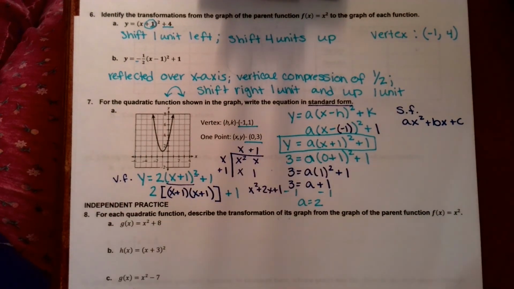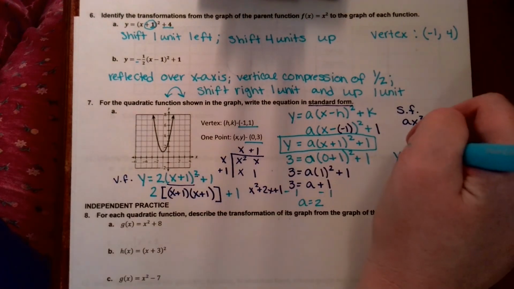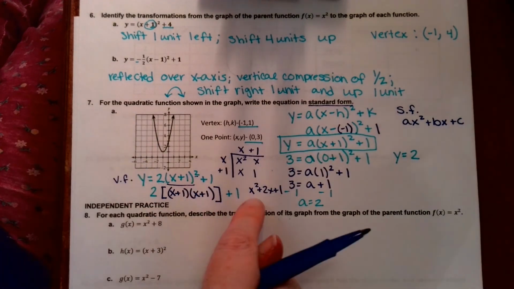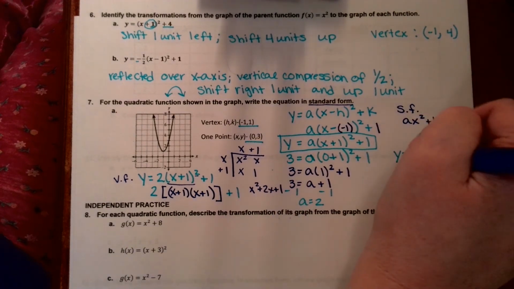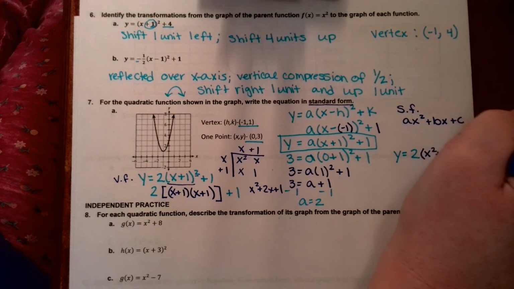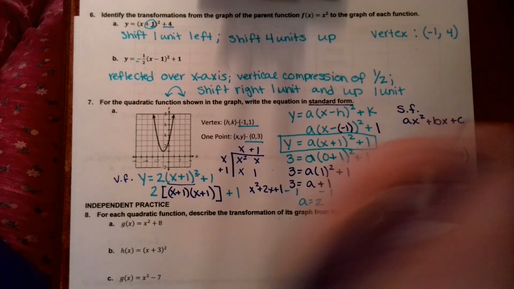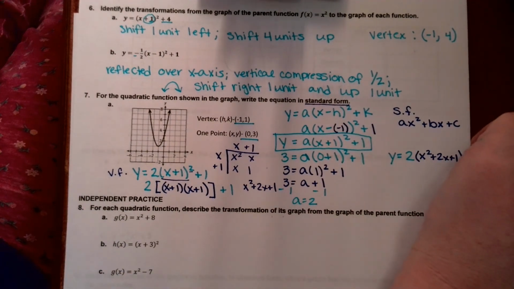So let's take this. We have y equals 2 times, let's replace this piece with what we just found, so we have 2 times (x squared plus 2x plus 1). And then we have this plus 1 at the end that we do not want to forget.